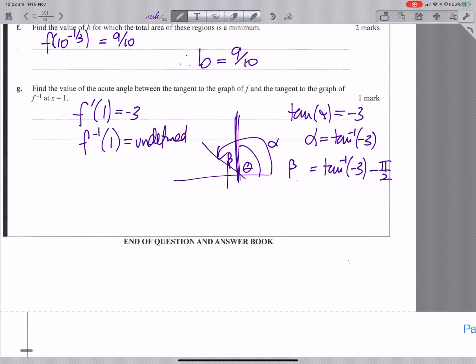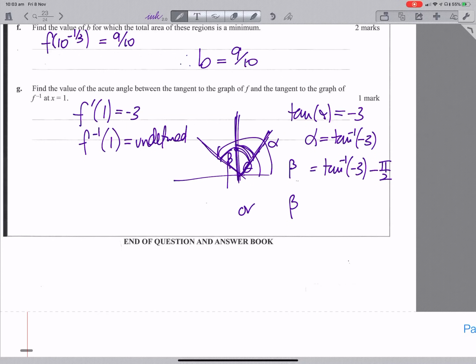What else could we say? Tan inverse of -3 is the same as that angle there, and that's 90 minus that angle, or beta is equal to, by symmetry, that and that are the same, so whatever that angle is, the angle there is going to be the same.